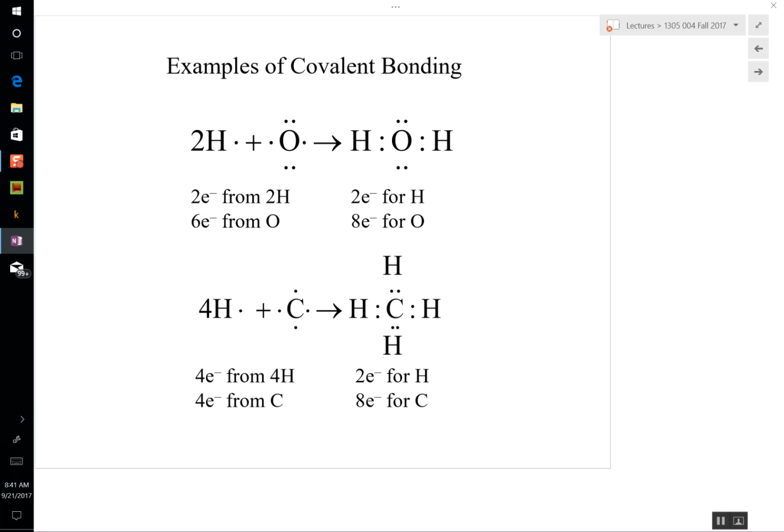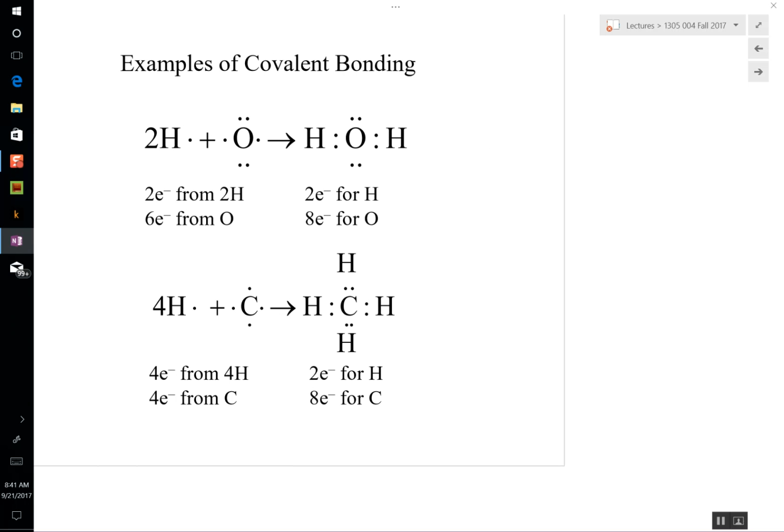And you get to this, and you would see me more often writing it like this. I would convert each one of those pairs of dots into a straight line, and there's 2, 4, 6, 8 electrons right there. 2, 4, 6, 8 electrons right there. There's no more dots around carbon. It doesn't have any lone pairs of electrons.